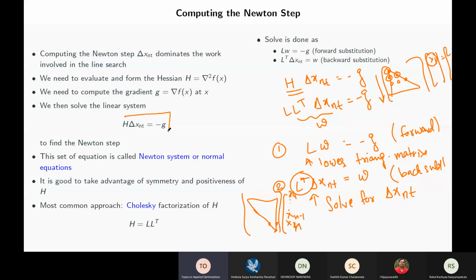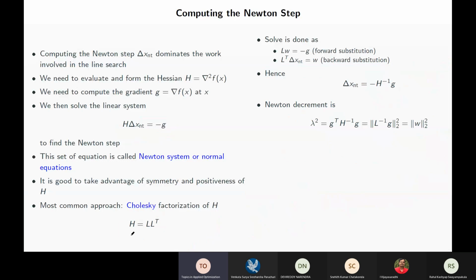This is the main part in the second order method: solving with the Hessian. That's an additional thing, and here you need to use some linear algebra for a linear system solve. You can do this Cholesky factorization if H is positive definite. If H is positive definite, then such a factorization exists.